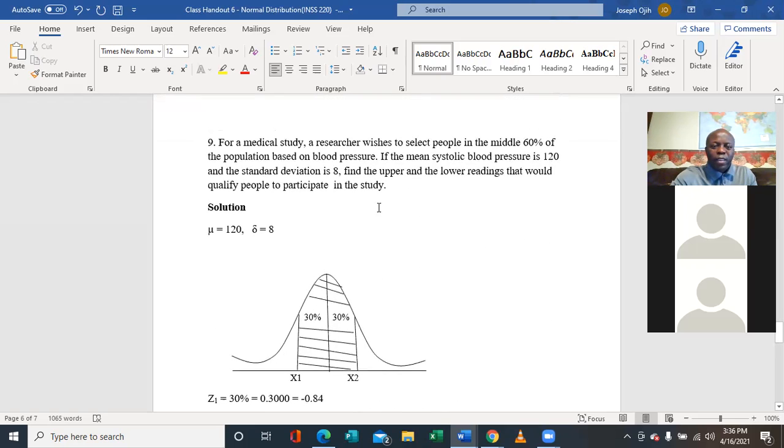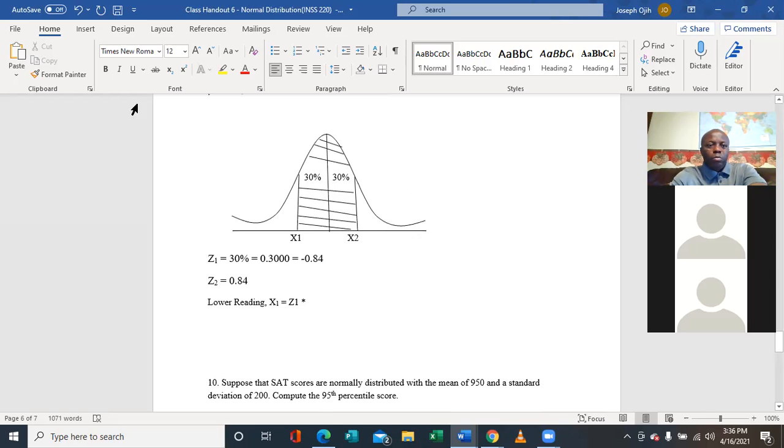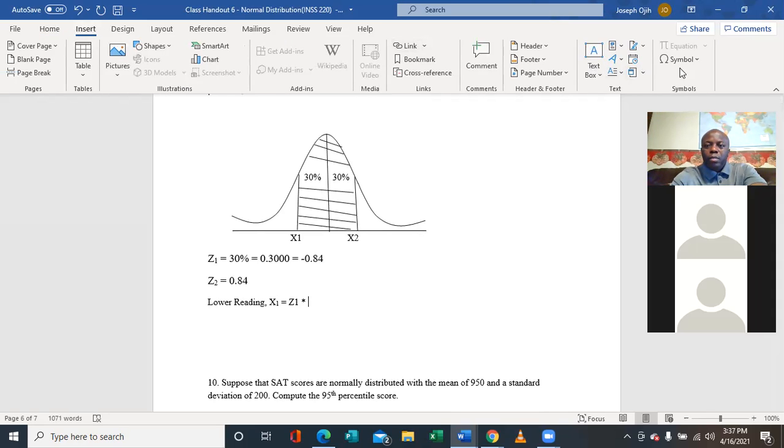The first one, remember, says find the upper and lower readings. So the lower reading, which should be X1, equals Z1 times standard deviation, which I can put from here, then plus the mean.